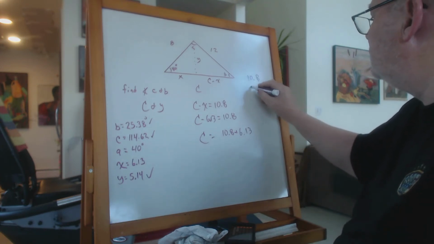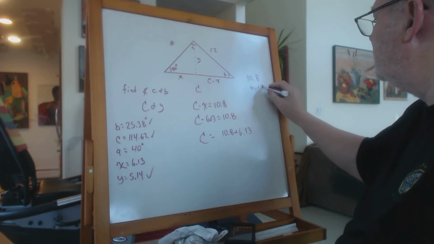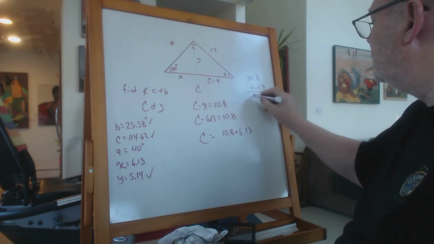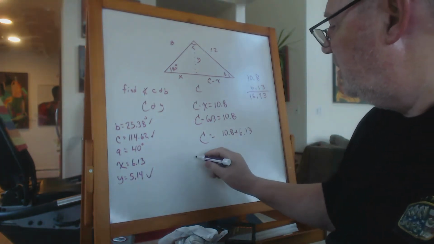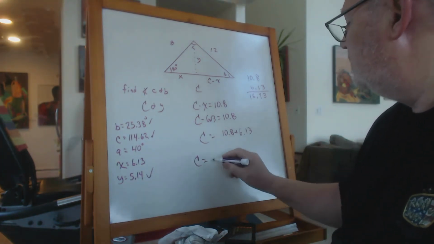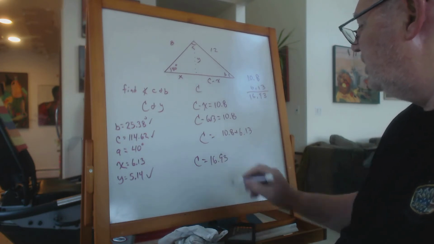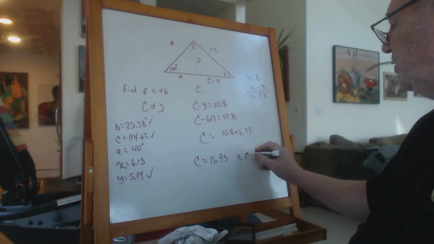That gives c, the last thing that we're looking for, 0.93. And we could say it's approximately 17.